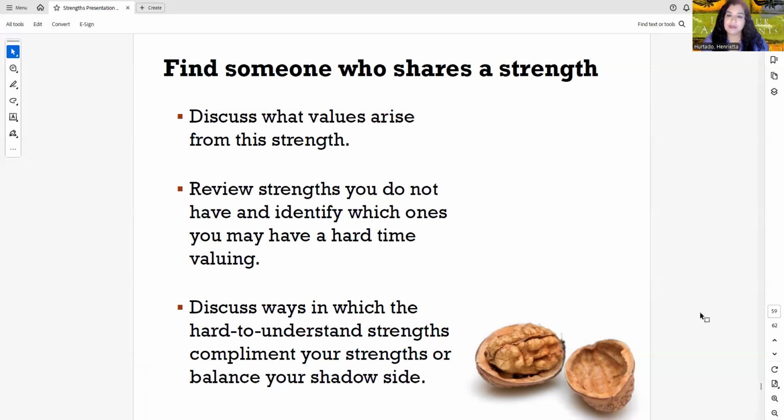For example, if one of your strengths is harmony, discuss the value that arises from having this strengths perspective of harmony, and review the strengths you do not have and identify which ones you may have a hard time valuing. Discuss ways in which the hard to understand strengths complement your strengths or balance your shadow side.